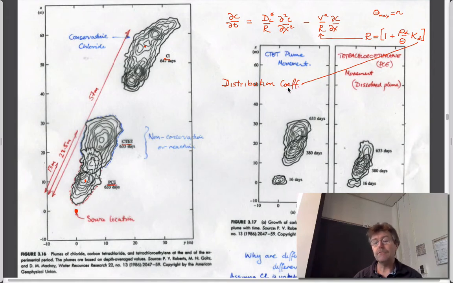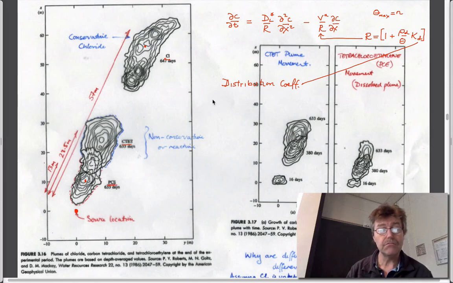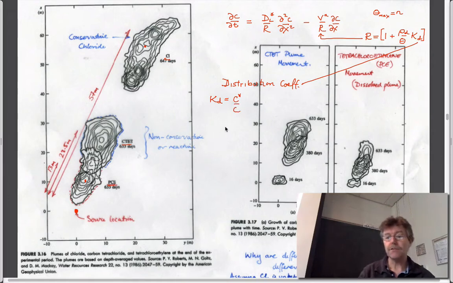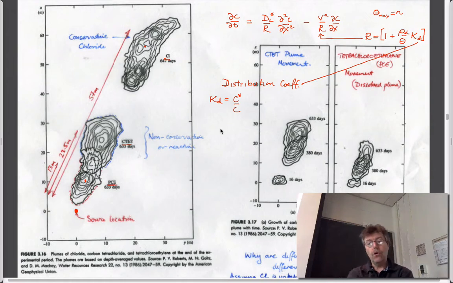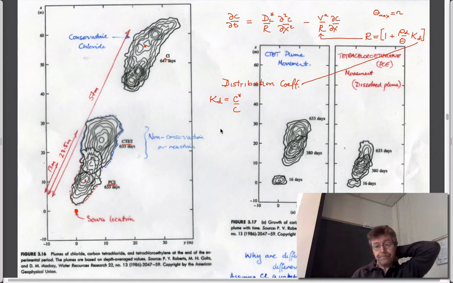And that really, as we said last time, is the ratio of the sorbed concentration on the solid to the aqueous concentration. We'll draw the diagram that does that. It's really the isotherm. And so all of this behavior is defined in terms of this parameter, K sub D.